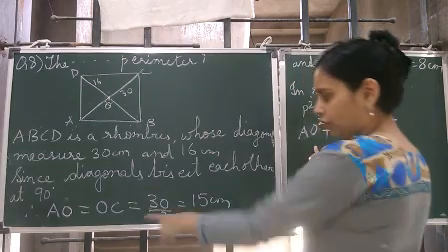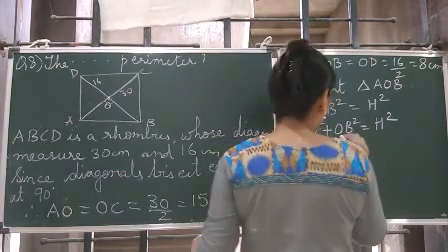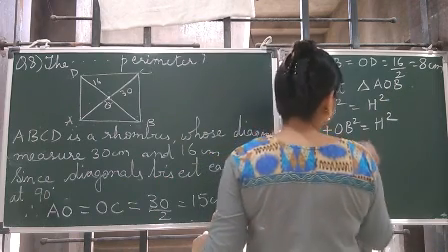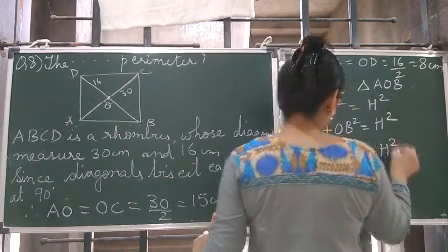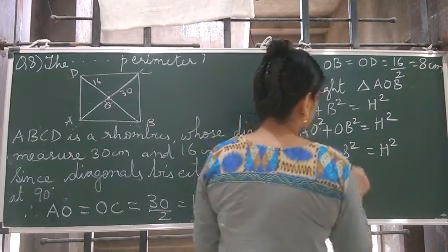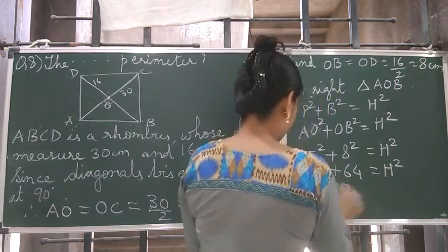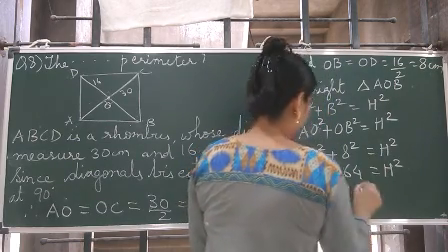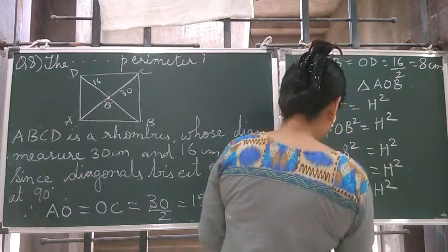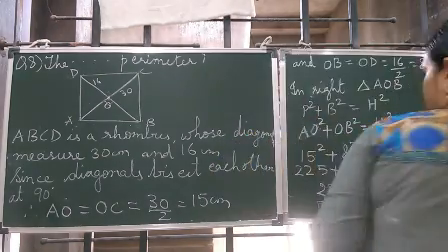AO is 15 centimeter. OB is 8 centimeter. Now 15 square is 225 and 8 square is 64. This is H square. 289 is H square. So root over 289 will give us the value of H.